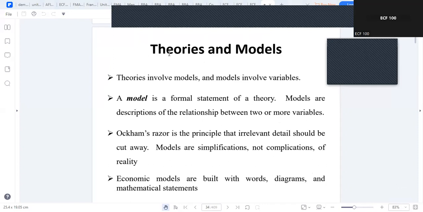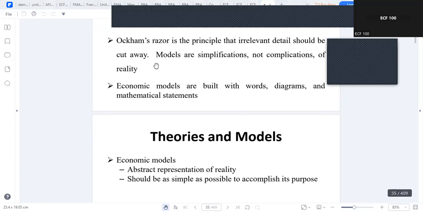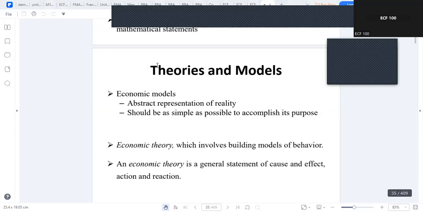Models are descriptions of the relationship between two or more variables. Models are simplifications, not complications of reality. Economic models are built on words, diagrams, and mathematical statements. You can come up with your own model. Economic models are abstract representations of reality. They must be simple to accomplish the purpose.